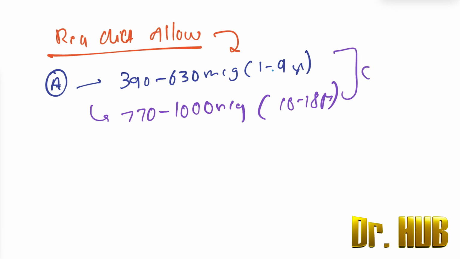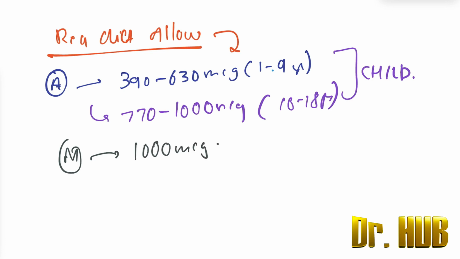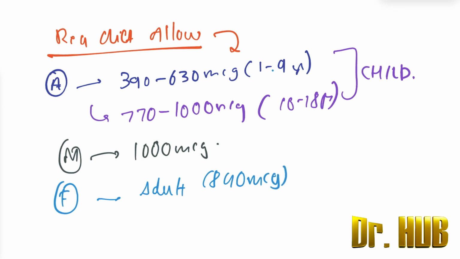This is completely in children. Then in male, we give 1000 mcg. In case of female adult, it is 840 mcg. In pregnancy, it will be 900 mcg. Lastly, in lactation, it is 950 mcg.